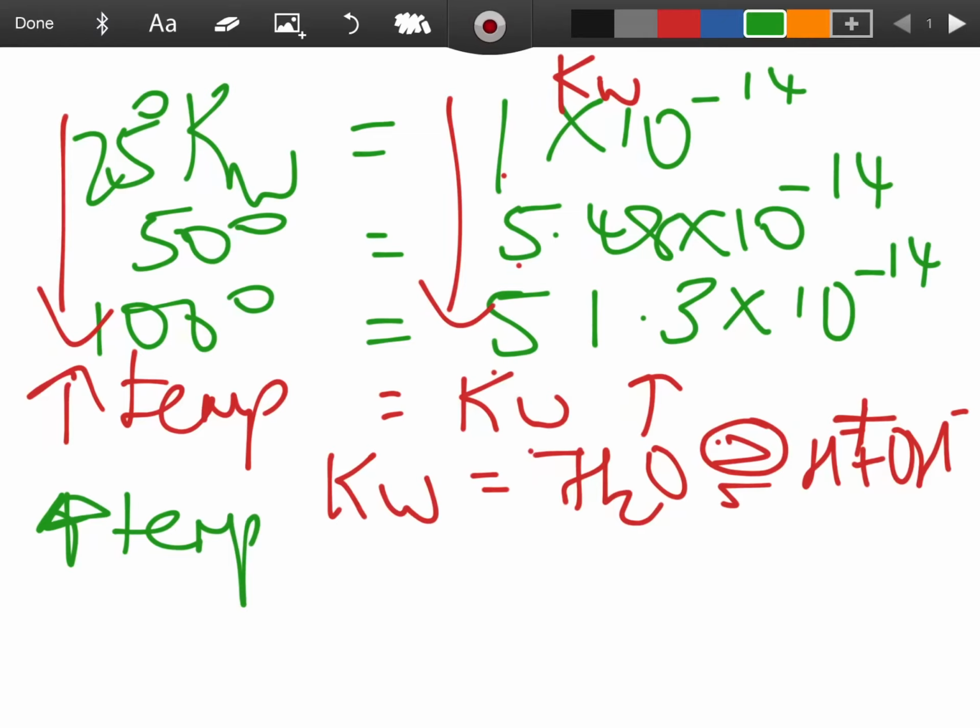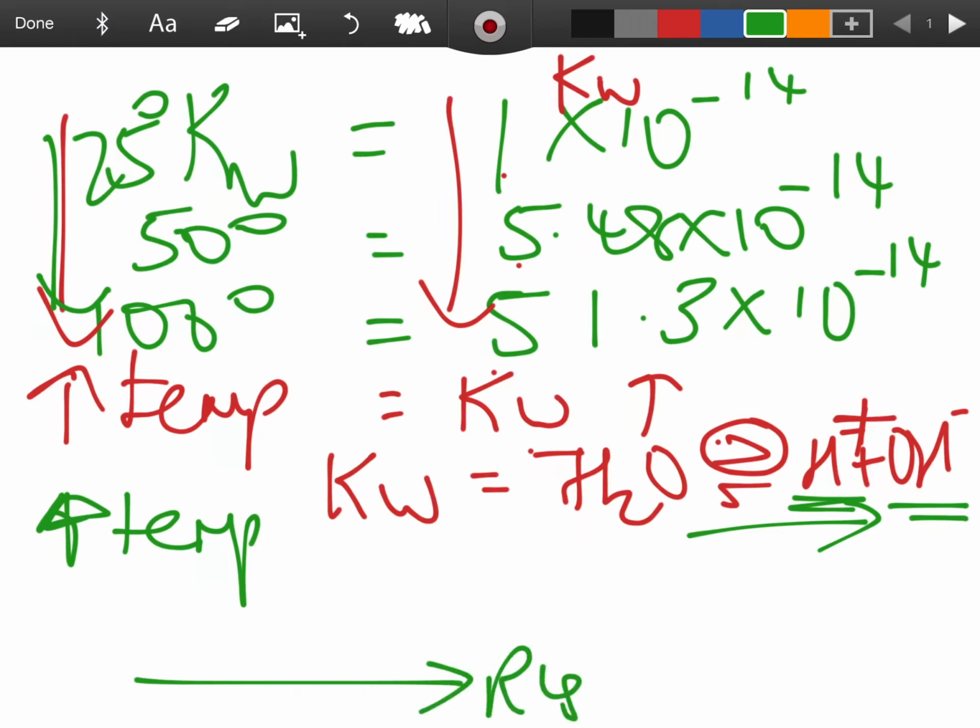As a result of that increase in temperature, the reaction is driven over to the right because the Kw value increases. There are more H plus ions and more OH minus ions present. So if the temperature increases, the Kw value increases, which means that the equilibrium is moved to the right.